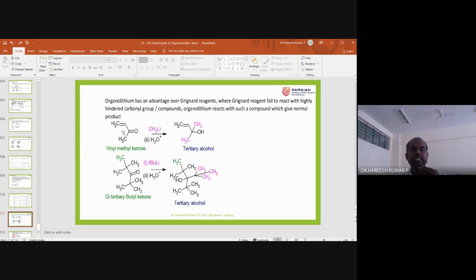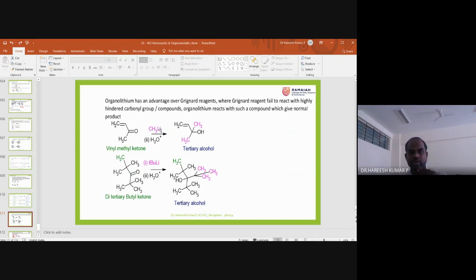So when butenone is treated with methyl lithium, look here, what is happening? It is an addition reaction, and you know there is 1,2 addition and 1,4 addition. This methyl lithium does not attack the fourth position; it only attacks the second position, 1,2 addition. That is the speciality of methyl lithium.